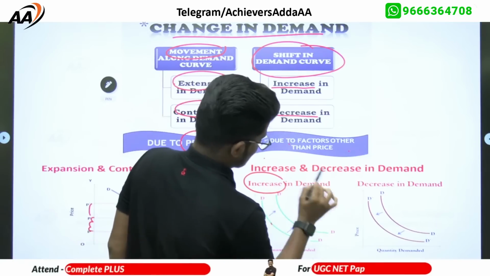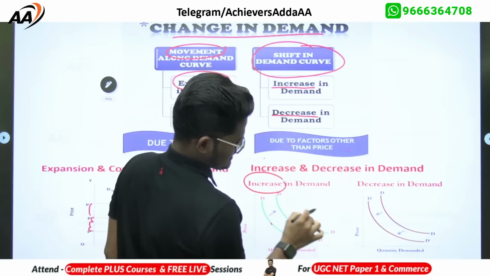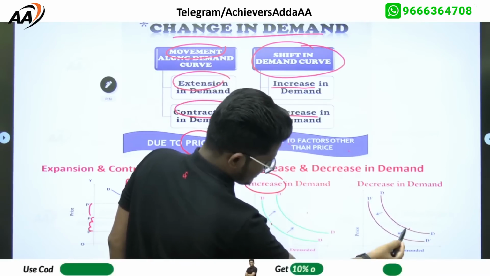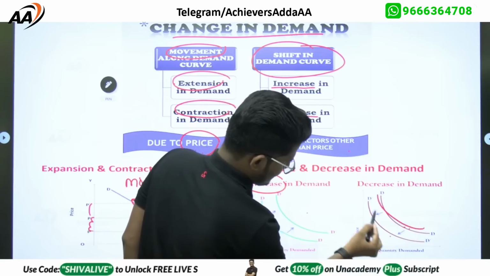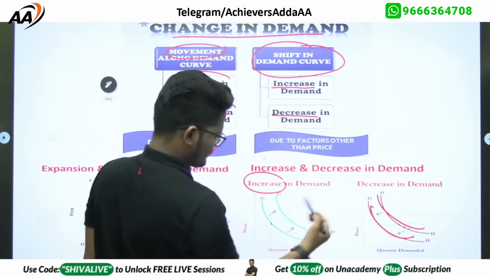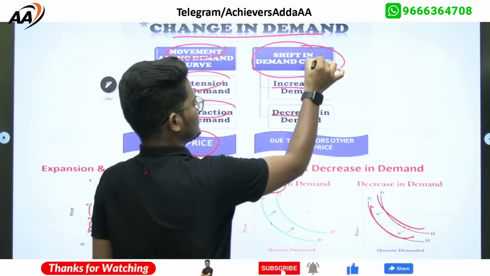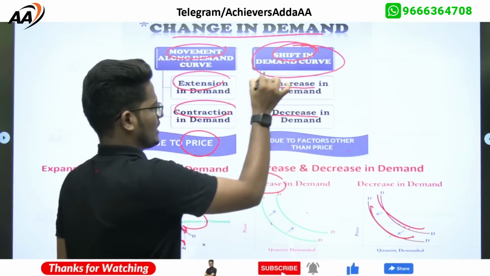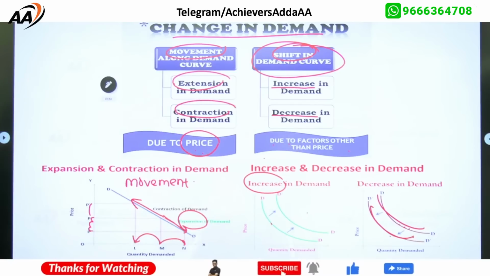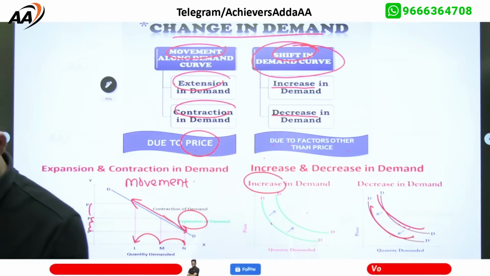And when another factor changes, demand comes down from here to here. So the curve entirely gets shifted to another place than the original place. Due to other factors, a shift in the demand curve happens, which is a decrease or increase in demand. Alright.